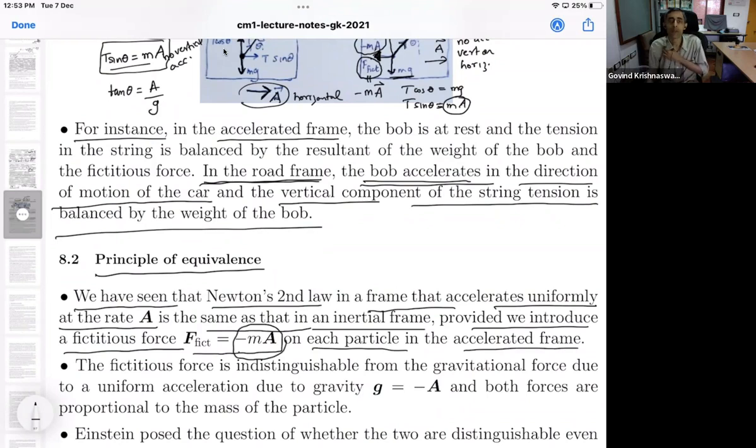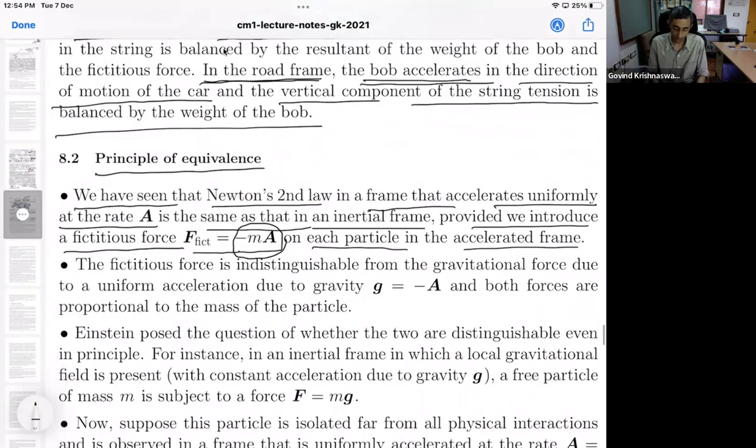So this is our main conclusion. If you want to do physics in an accelerated frame, simply introduce a fictitious force and then use the same Newton's laws. That fictitious force in a uniformly accelerated frame is simply minus ma on each particle, where a is the acceleration of the frame. That is the recipe. Now, some comments about this fictitious force.